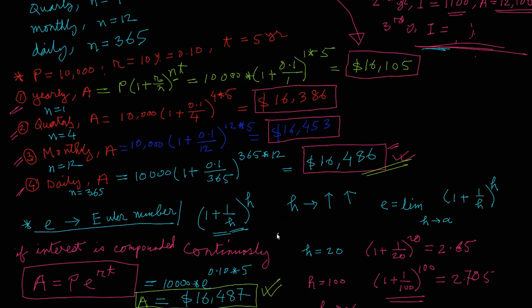So as you can see, the bank actually gets lots of money from you. In this particular example, I took only P equal to $10,000, and T is only 5 years. Now think about it. When you are taking a mortgage for your home, let's say your home mortgage is $150,000, so P will be 150,000 and T will be 20 or 30, since you sometimes take a loan for a 20-year or 30-year mortgage.